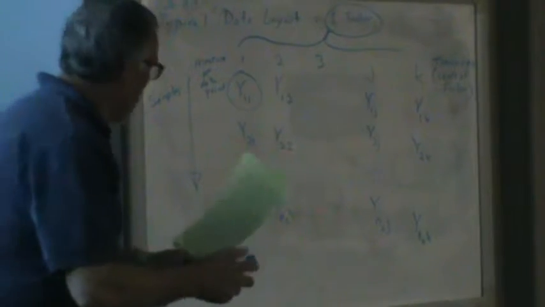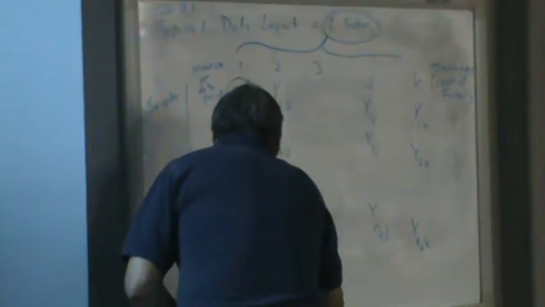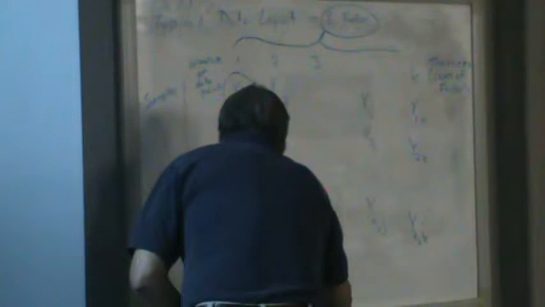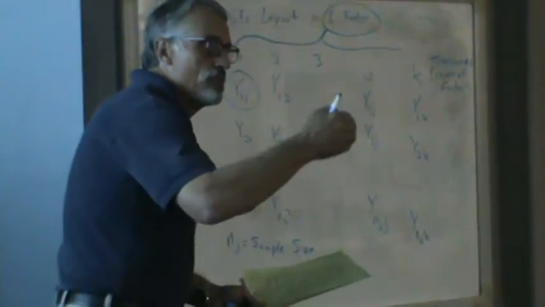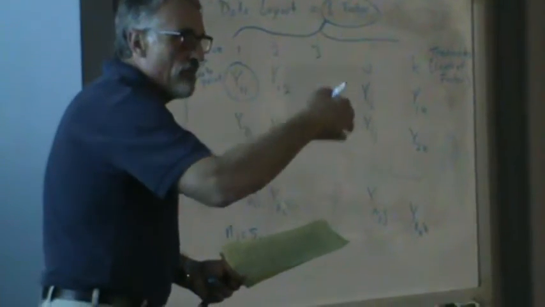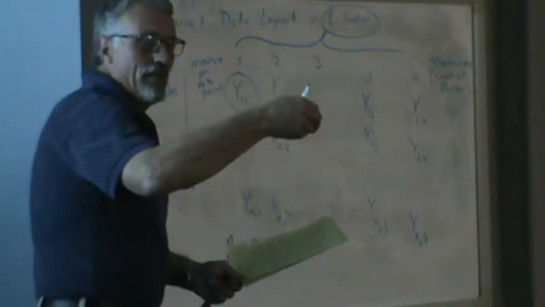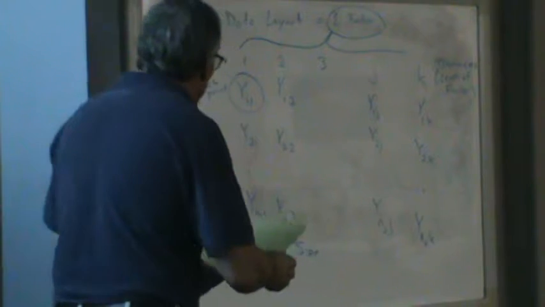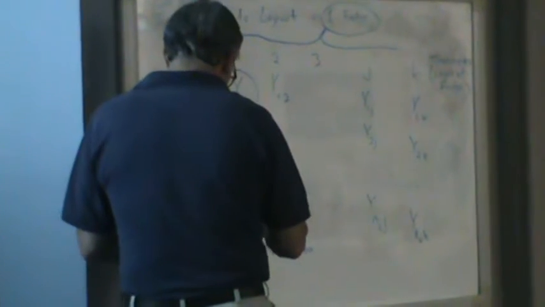All right. So the n sub j here, that's your sample size. Relating it back to the houses, remember that one treatment had 5, and we had another one that had 4, and another that had 5, and one that had 3. That's how many samples you took under that treatment.